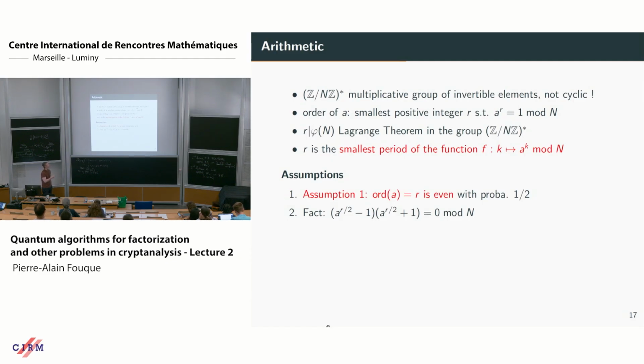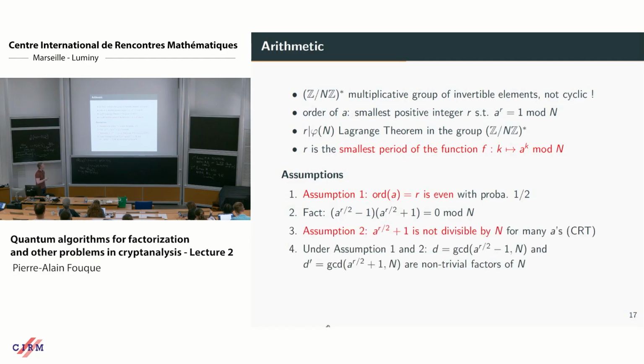If I take this one to the other side, I take a difference between 2 squares, because a is also some square, and then I get this equation. I get this equation only if the order of a is even, but with probability 1/2 that will be the case. If it's not the case, you will have to find another element.